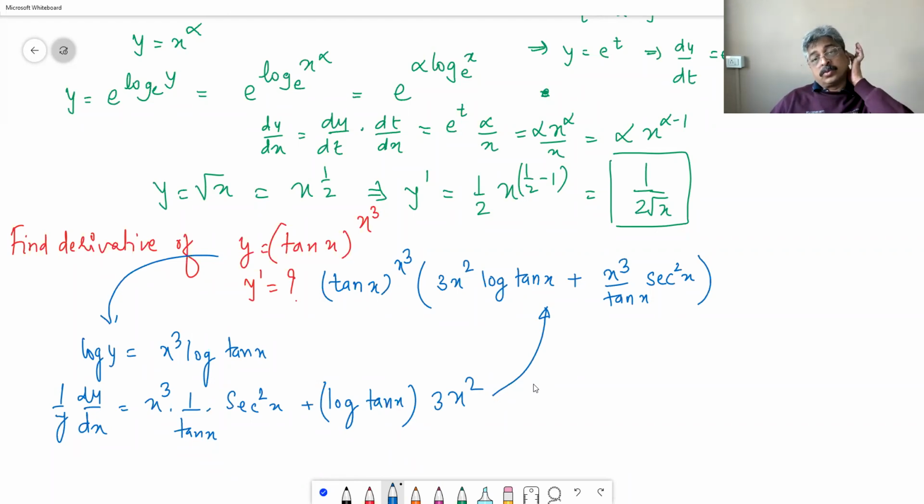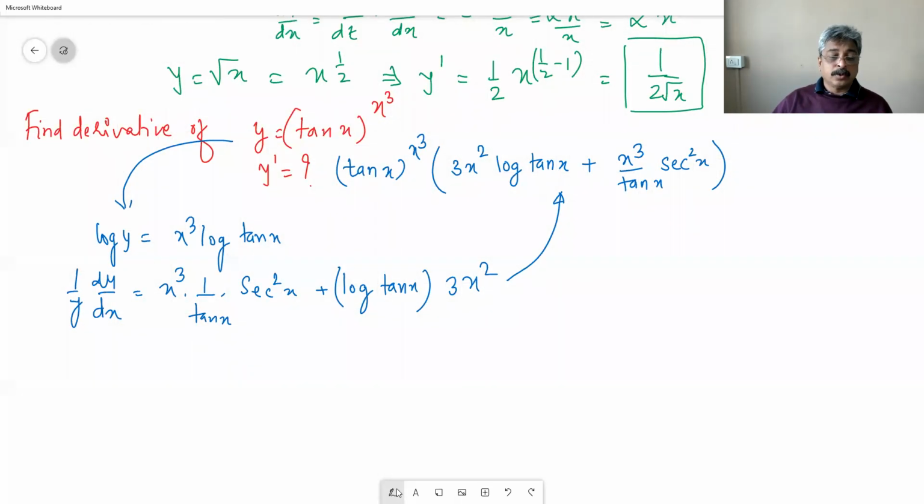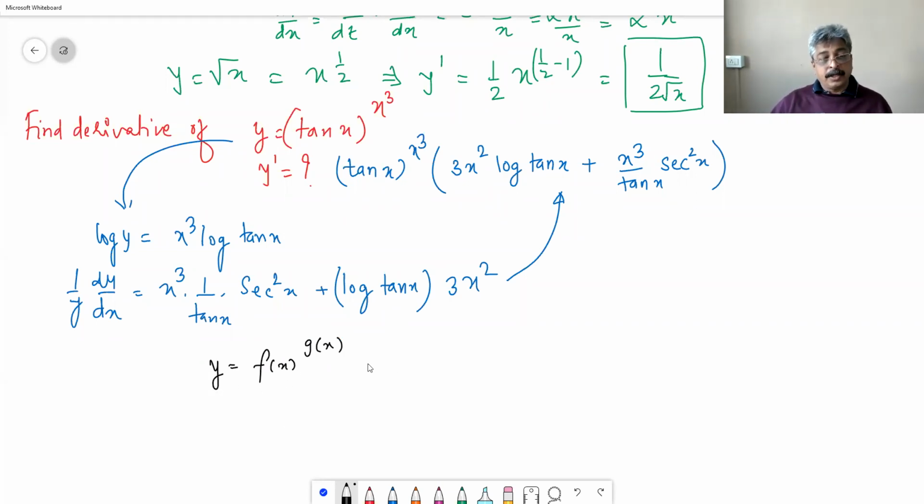So this is a typical form where you have y is equal to f of x raised to g of x. Okay, so in this case, let us solve it in general once for all.